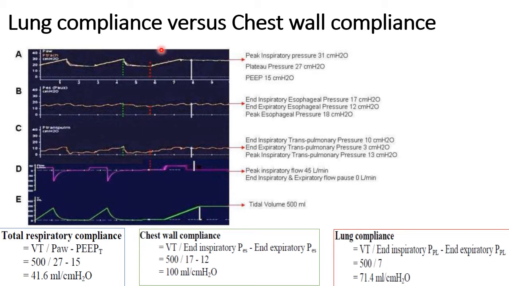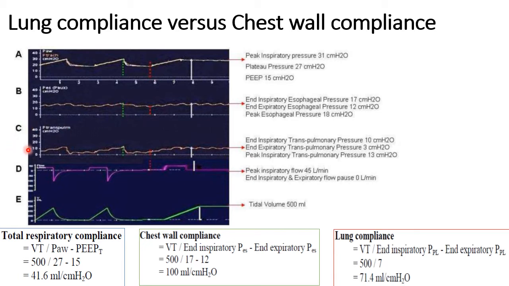So in this example, number A is the airway pressure. Notice again that the patient is on a volume controlled mode with the constant or square flow. Number B here, we put an esophageal balloon manometry, and you can see it here. All those bumps are artifacts from the heart.